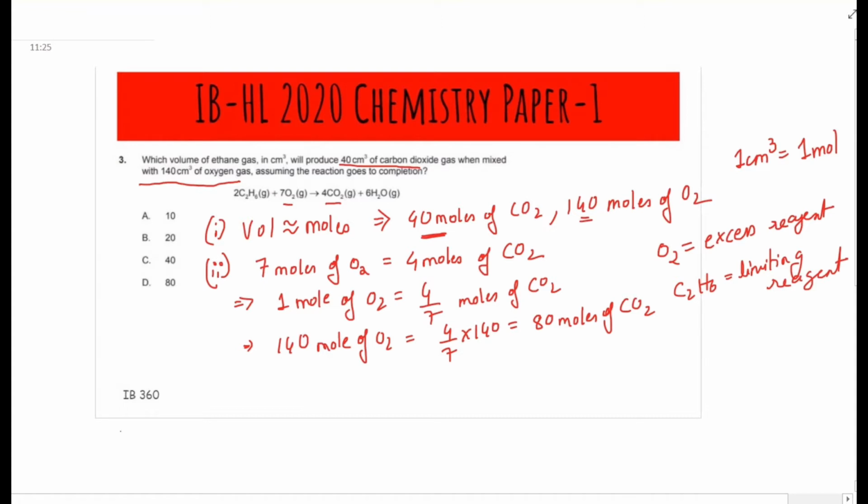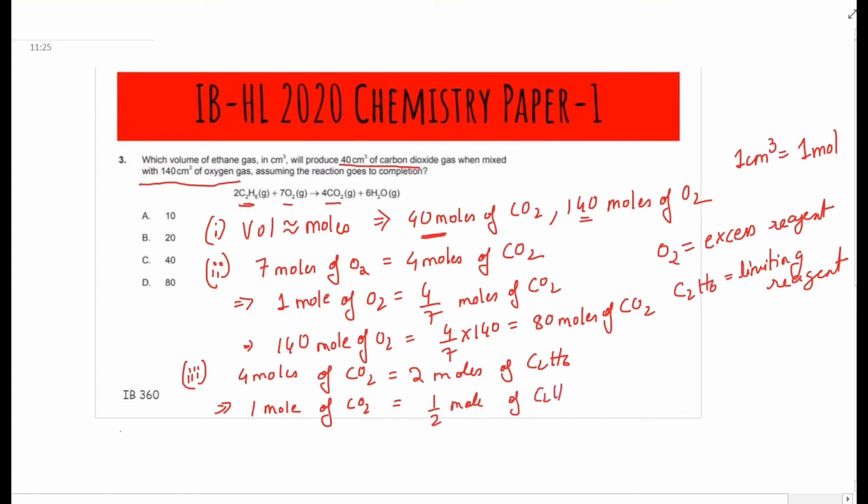Now, as we know that ethane is the limiting reagent, we can just use our basic formulation to calculate it. We know that 40 moles of CO2 is produced. From the stoichiometry of ethane and CO2, 4 moles of CO2 is produced from 2 moles of C2H6. Now I can say that 1 mole of CO2 is produced by half a mole of C2H6, just dividing both sides by 4.